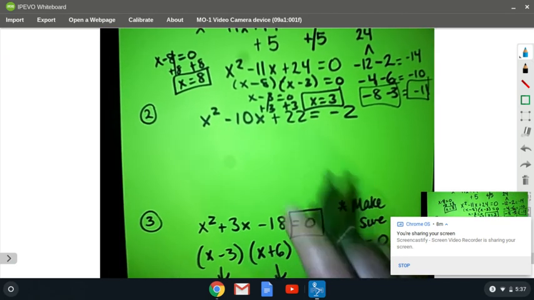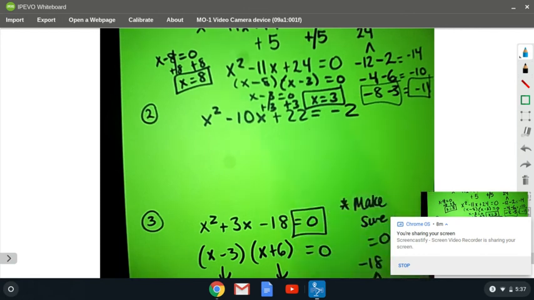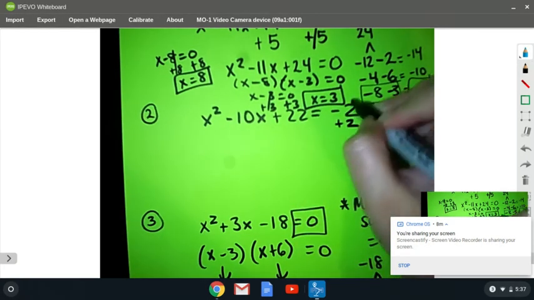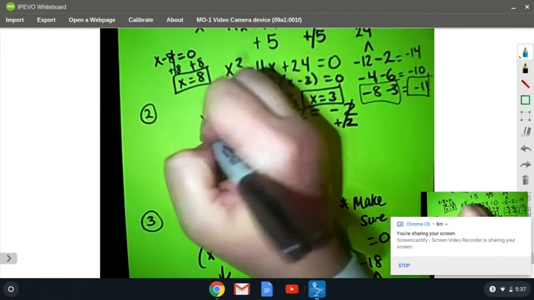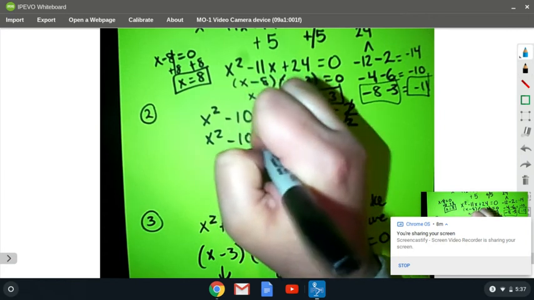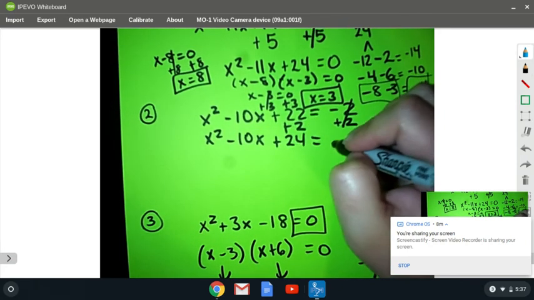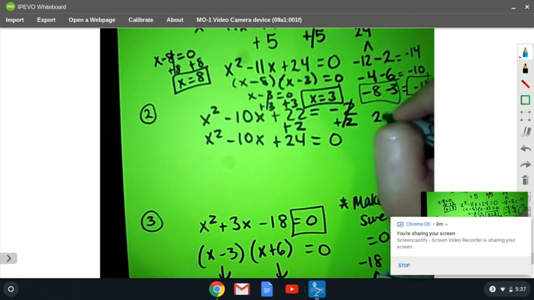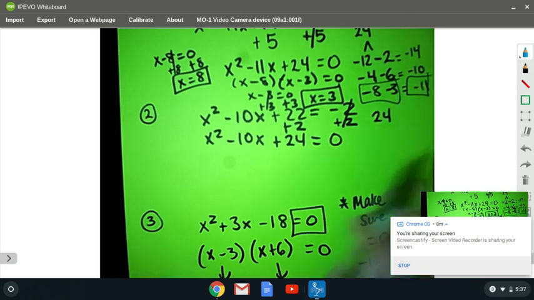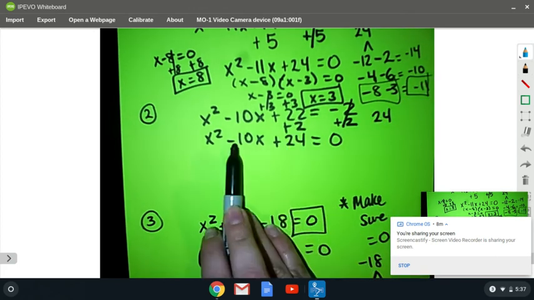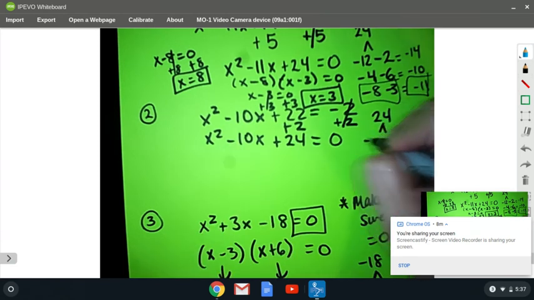Last one here, it's not equal to 0, so I first got to get it equal to 0. I'm going to do that by adding 2 to both sides. It's going to give me a 24 again. So I know if 24 is here and the b value is negative, that means I have 2 negative numbers.